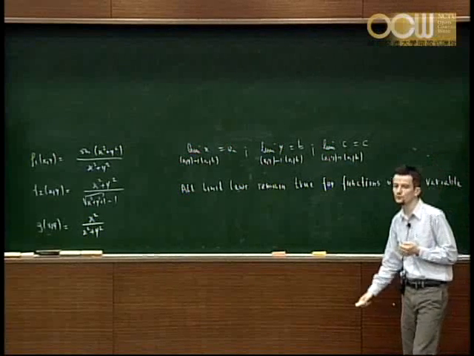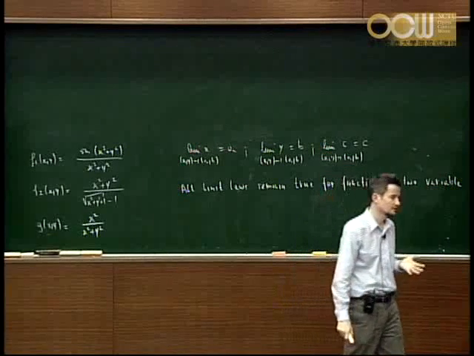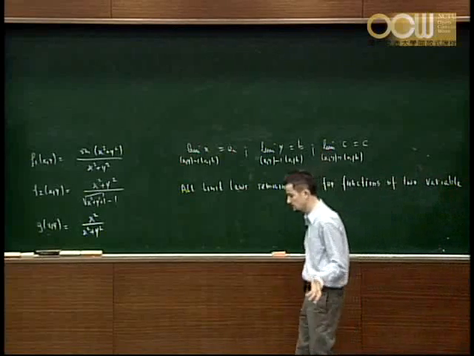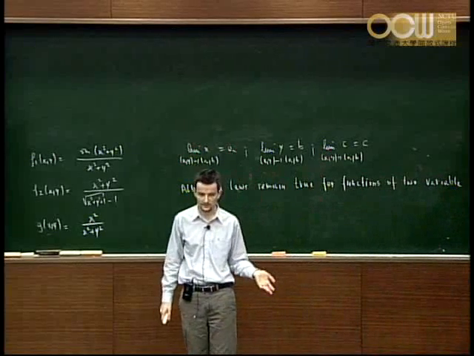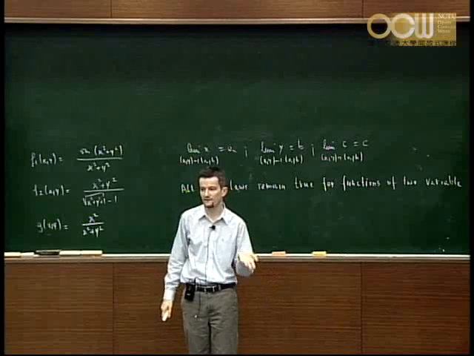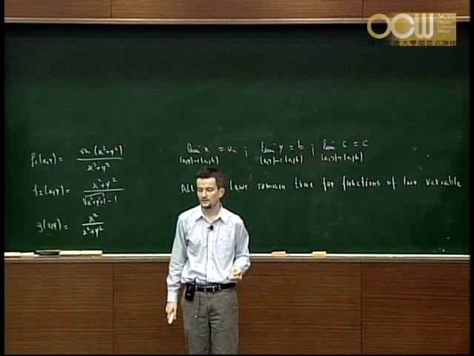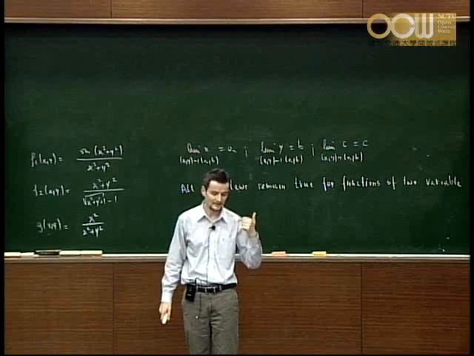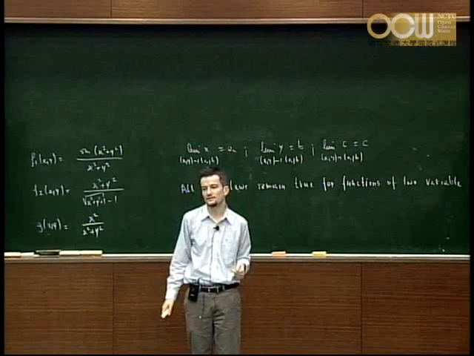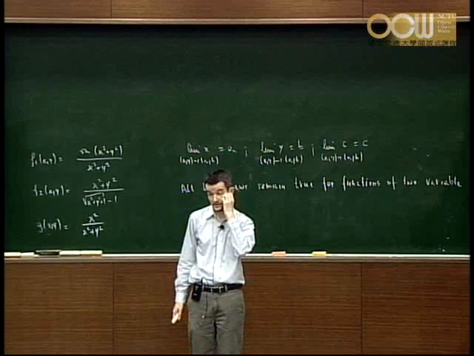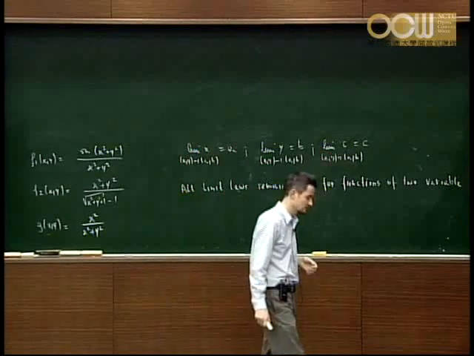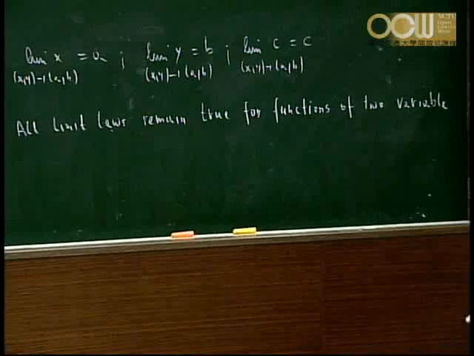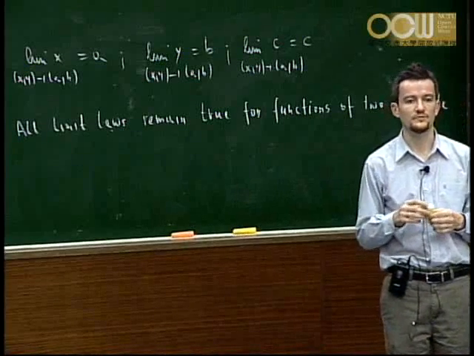In particular, also the rule if you have a composite function. So if you have a function of 2 variables, f of x, y, and you have another function of 1 variable, g, and you consider the composite function g of f of x, y, then if the limit of f of x, y as (x, y) tends to (a, b) is L, and the limit of g of x as x tends to L is equal to some L2, then also the limit of the composite function exists.